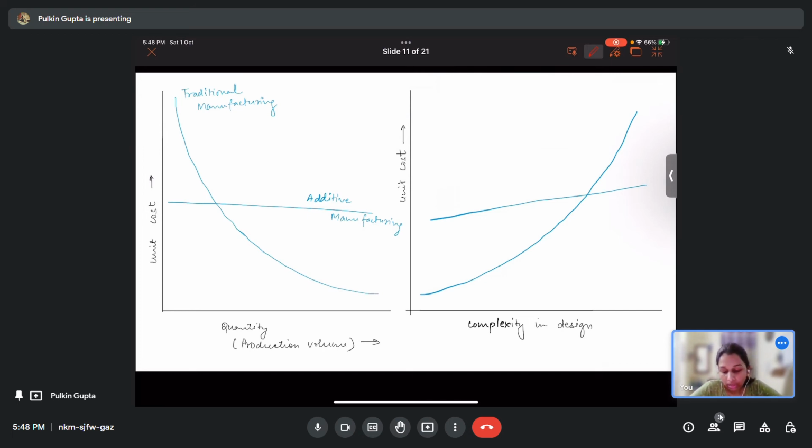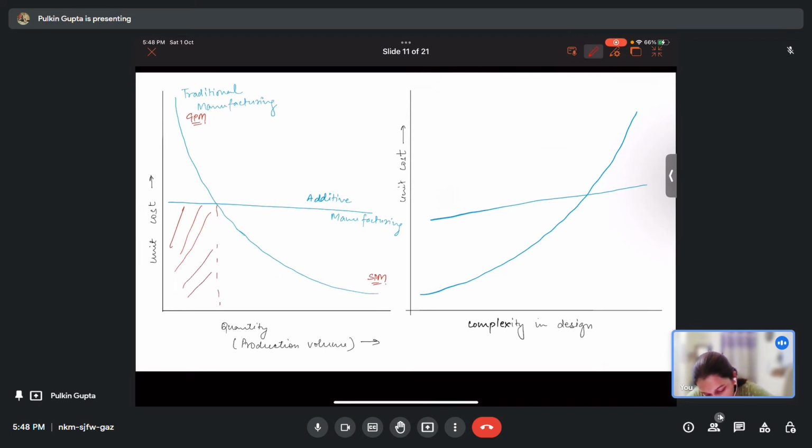For traditional manufacturing, your per unit cost is higher if your quantity is small, and it is lower when your quantity is really high. Because here you use general purpose machines and here you use special purpose machines which are specifically designed for batch production. But with additive manufacturing, there is not much change in per unit cost, so it remains more or less the same. So when your production volume is lower, in this area, your additive manufacturing cost is lower, till here.